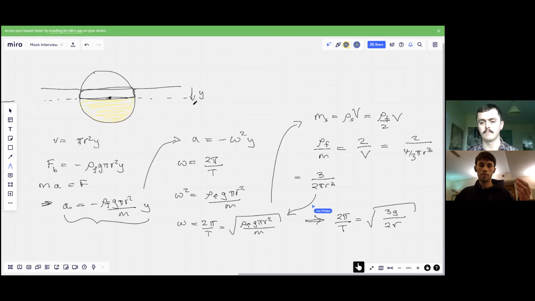Yeah. So some of the sphere's in the water, some of it's in the air. So we assume that the buoyancy force in the air is negligible compared to the buoyancy force due to the water, because the air has a much lower density than water.